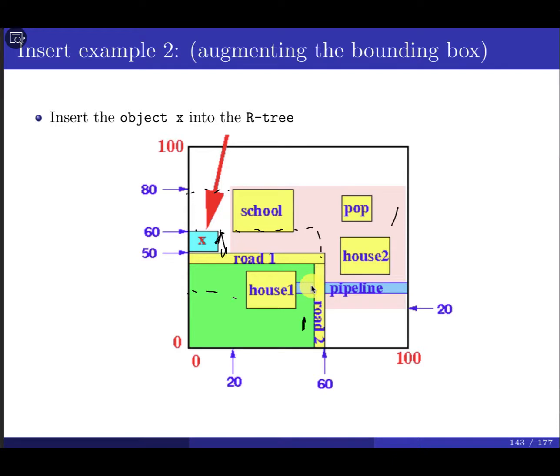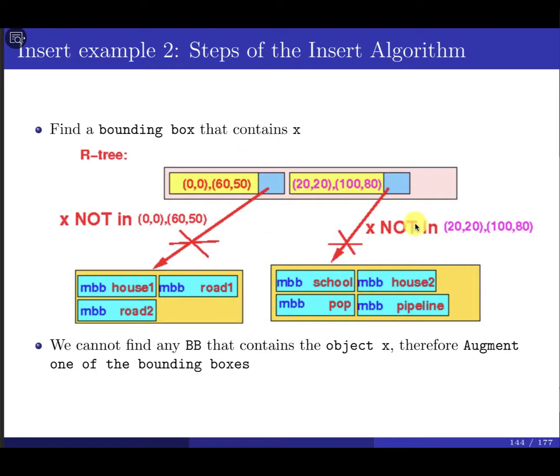There are many algorithms to find out which bounding box you need to increase: the one that adds the least amount of area. I'm not going to add a lot of space to the bounding box. So augment this one, increase the size of bounding box 1. Now when you increase this a little bit, it's going to contain this element. So now you can insert this element. That's what we did here: we didn't find any box to insert this new object X.